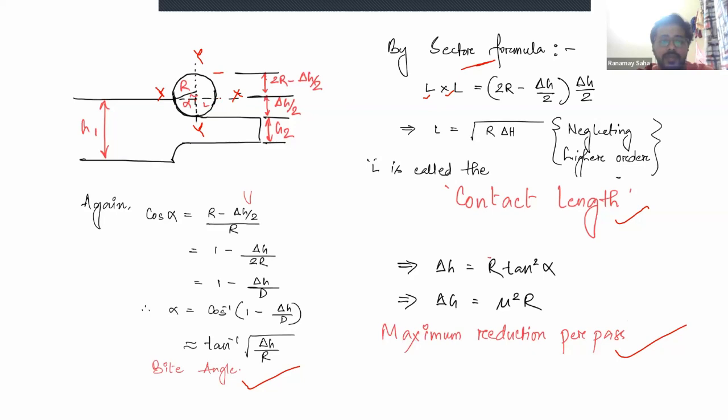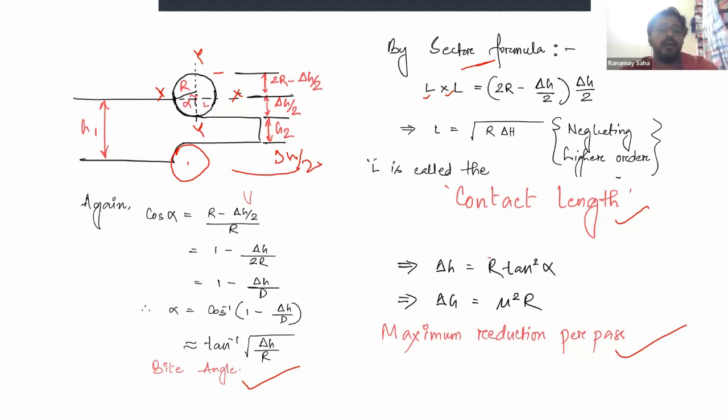So the whole diameter is twice r, if r is the radius of the roll, then twice r minus this part. Because on this side also there is a roll, here also you have a reduction of del h by 2.